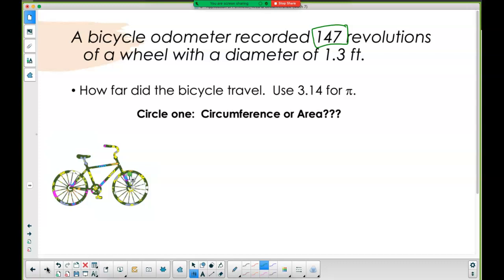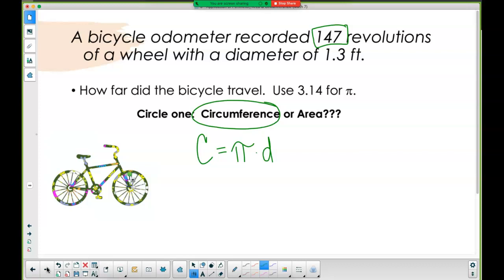The circumference. When we're talking about how far it traveled, I want to find the circumference of the wheel. What's the formula for circumference? Brinley. C equals pi times diameter.